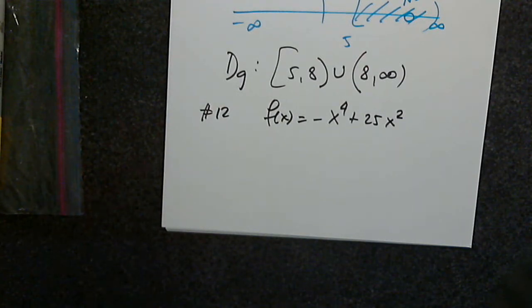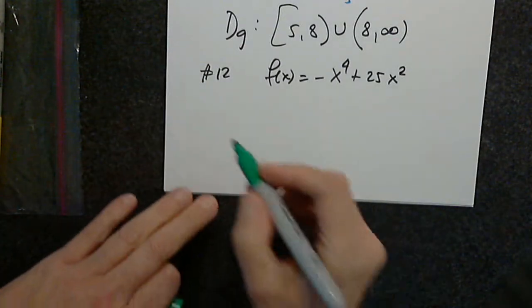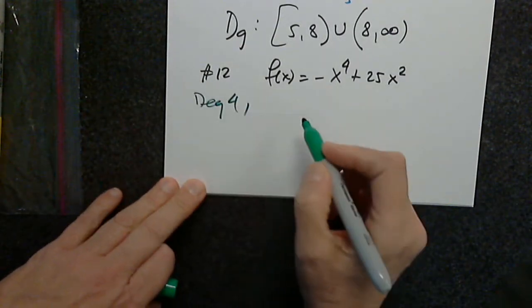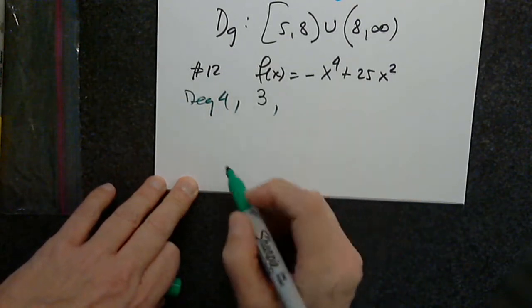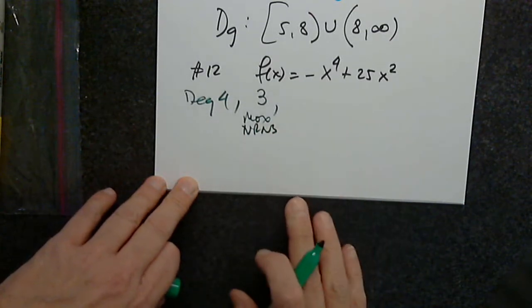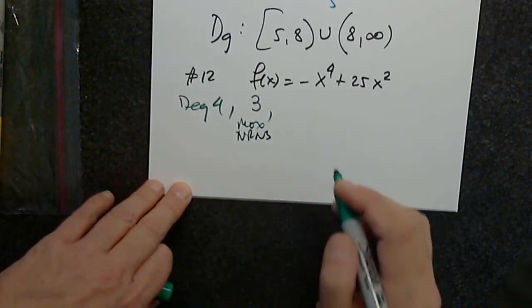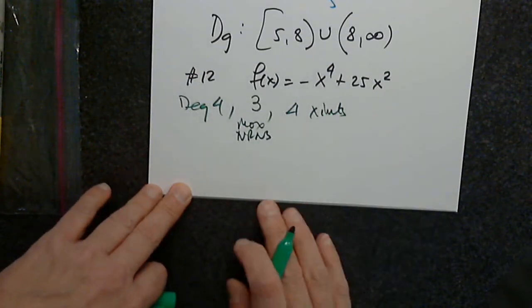I hope you remember what you wanted. So this is a polynomial function. We know that. What is its degree? How many possible turns? 3. 3 max turns. How many x-intercepts? Absolutely 4 x-intercepts. Great job.